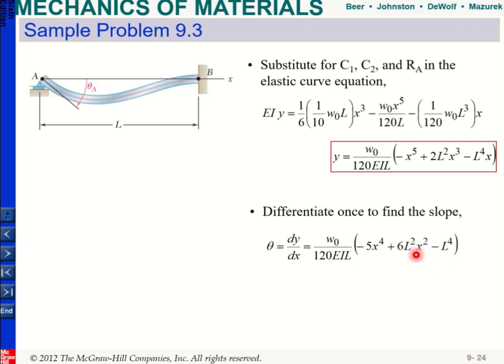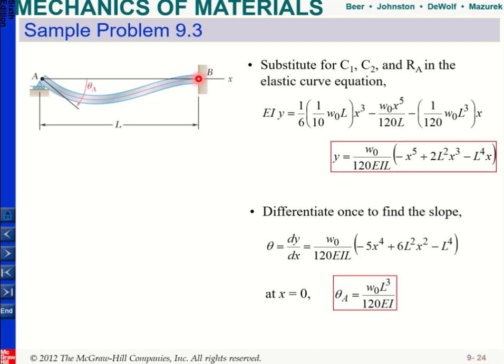Okay. And then from there, this is the equation for your slope. And if you want to find the slope at A, then you need to plug in x is equal to 0. So from that, you can get the slope at A. But by using this equation, you can get the slope anywhere. And when you put x is equal to L, you will see that this is equal to 0 because it's a fixed support.